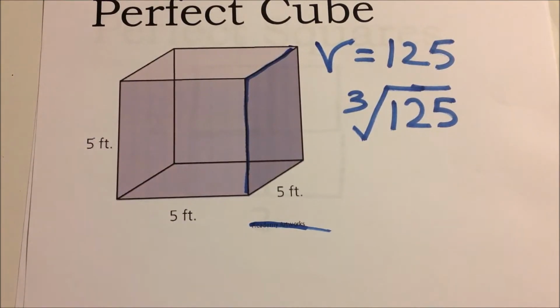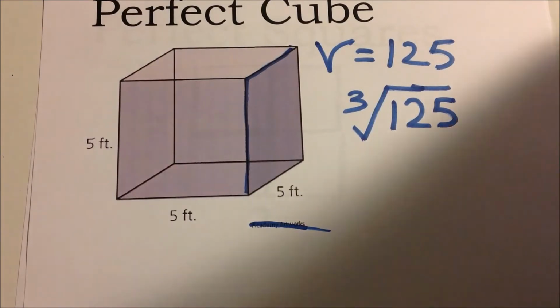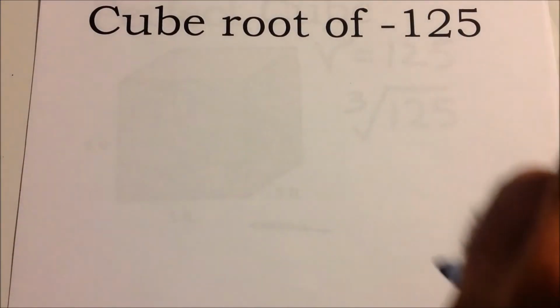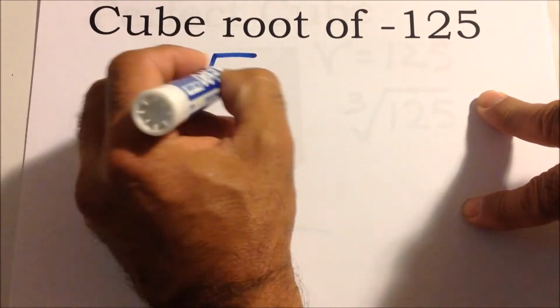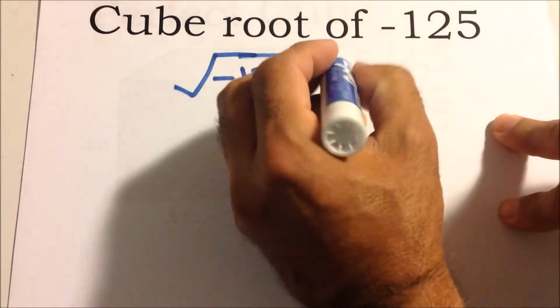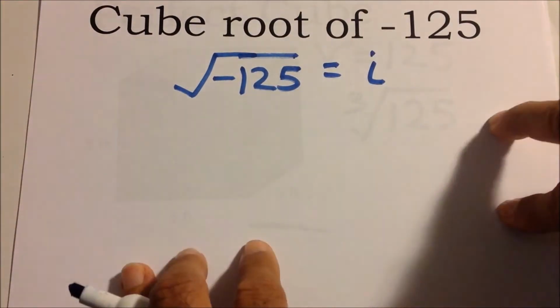Now, one thing about cube roots that is different from square roots is that they can be negative. Remember, square roots can't be negative. The square root of negative 125 is an imaginary number. Remember we talked about that? We'll just put that i there, imaginary.